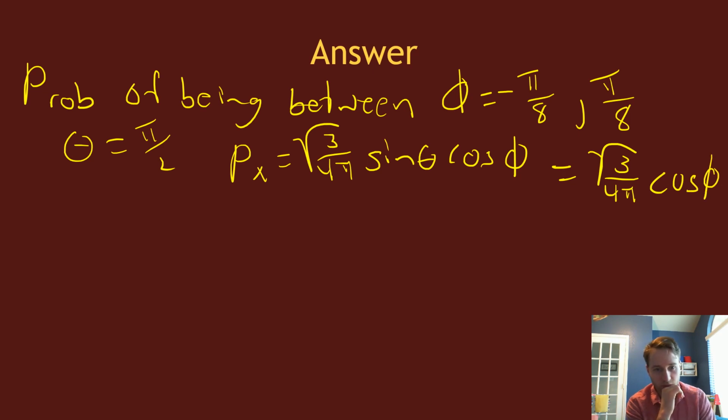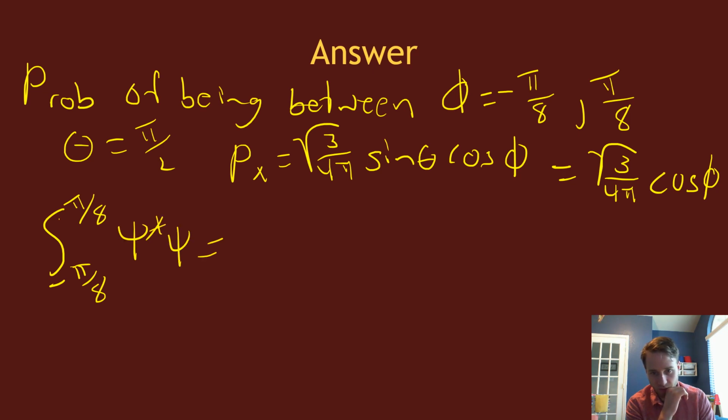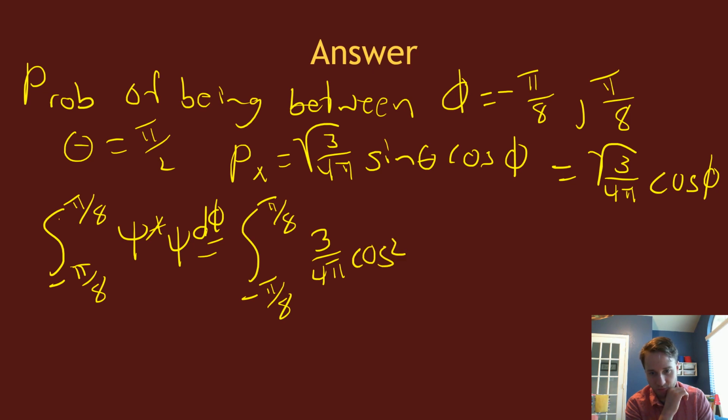To do this integral, we integrate from minus pi over 8 to pi over 8 of psi star psi d phi, which gives 3 over 4 pi cosine squared phi d phi.